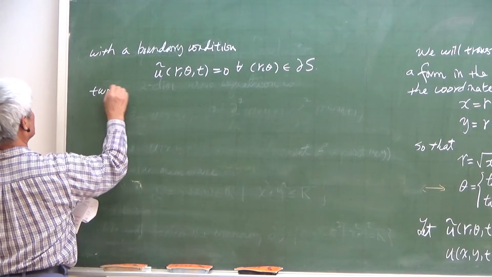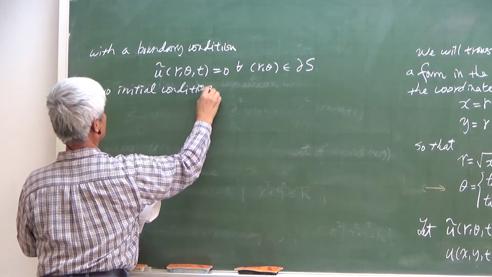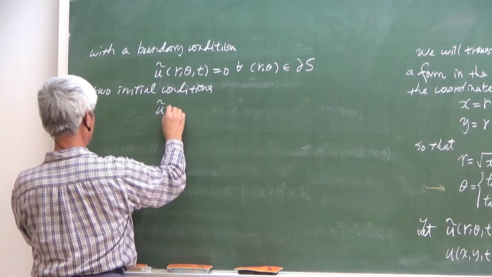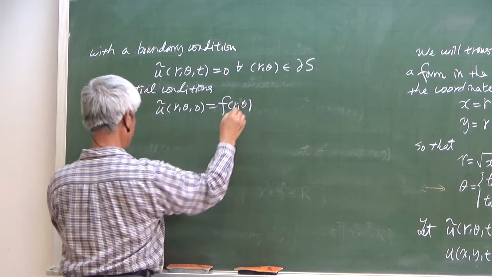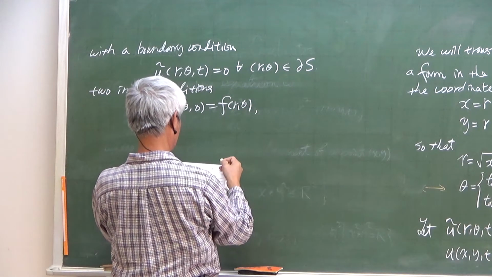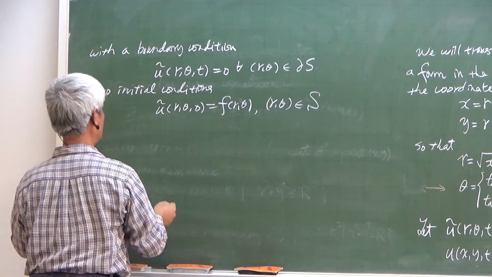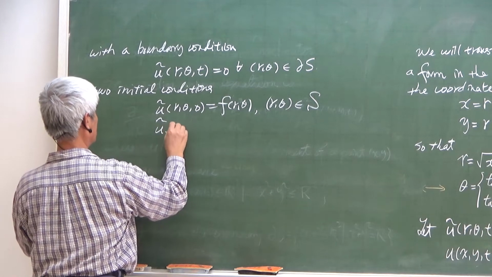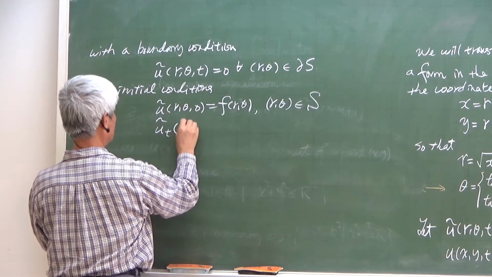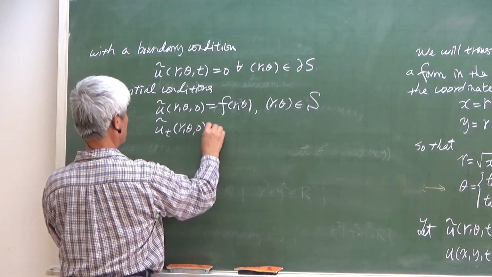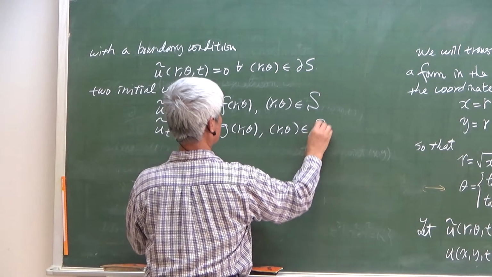And the two initial conditions. u of r, theta, 0 is equal to f of r, theta for all r, theta in the disk. Okay. And u t, the initial velocity, equals g of r, theta; this is the initial displacement, and this is the initial velocity.